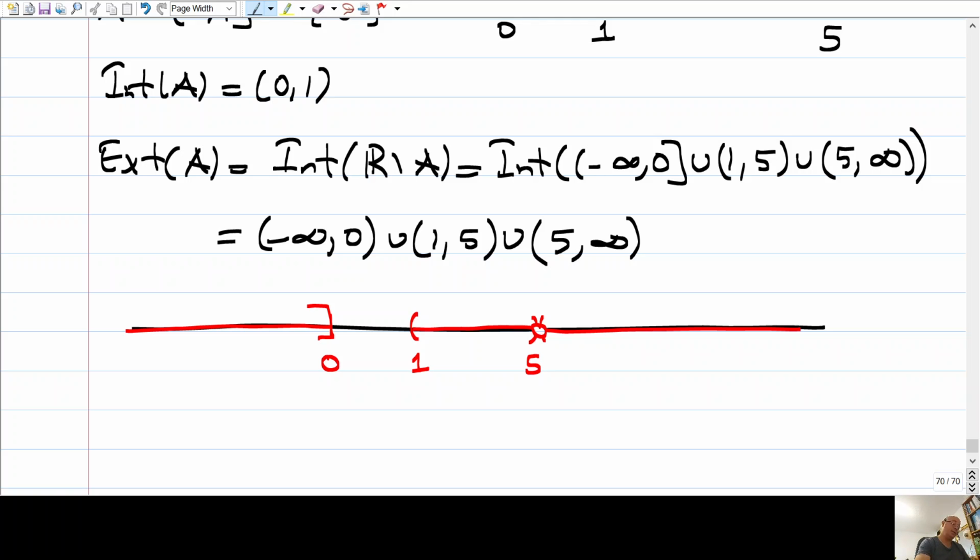Interior of this is equal to this gadget. This was the interior. This is the exterior. What about the boundary of A? It was R minus interior union exterior.